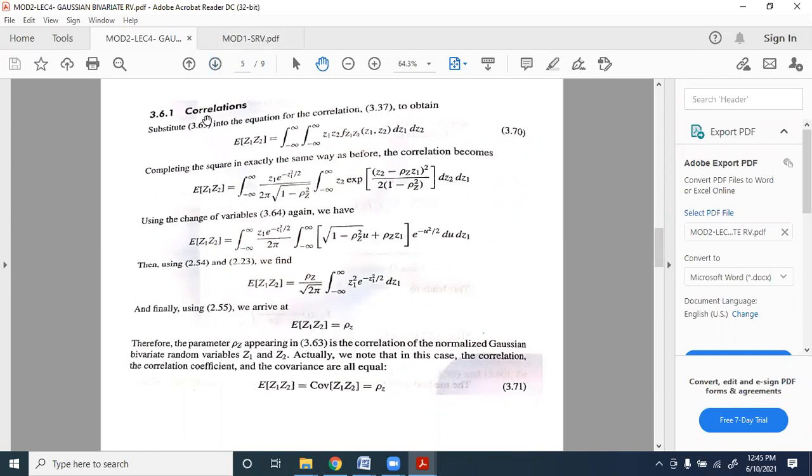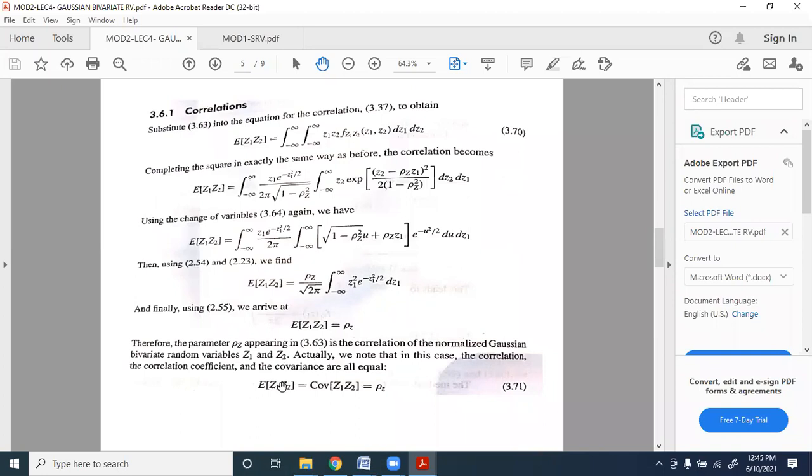It gives us that correlation is equal to the correlation coefficient, under the condition that we have a normalized Gaussian random variable. Normalized Gaussian random variable means that the mean is equal to 0 and the variance is equal to 1.